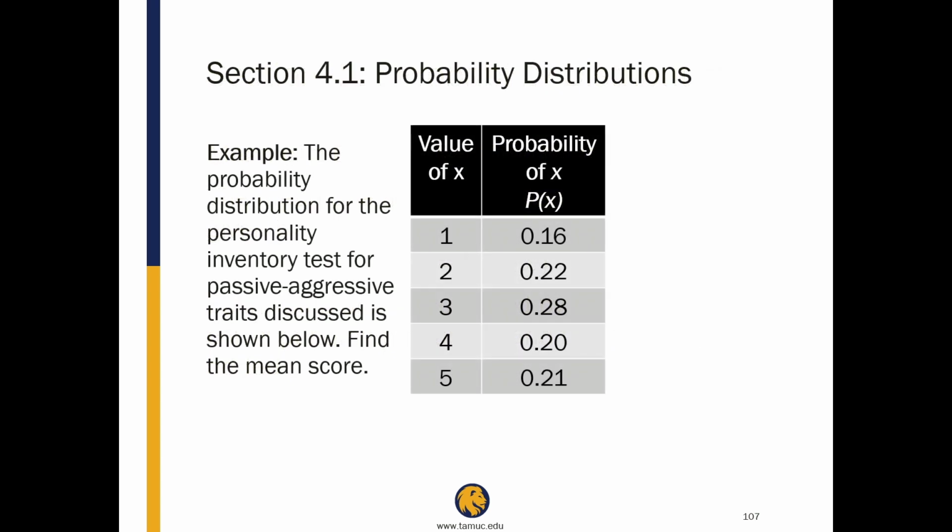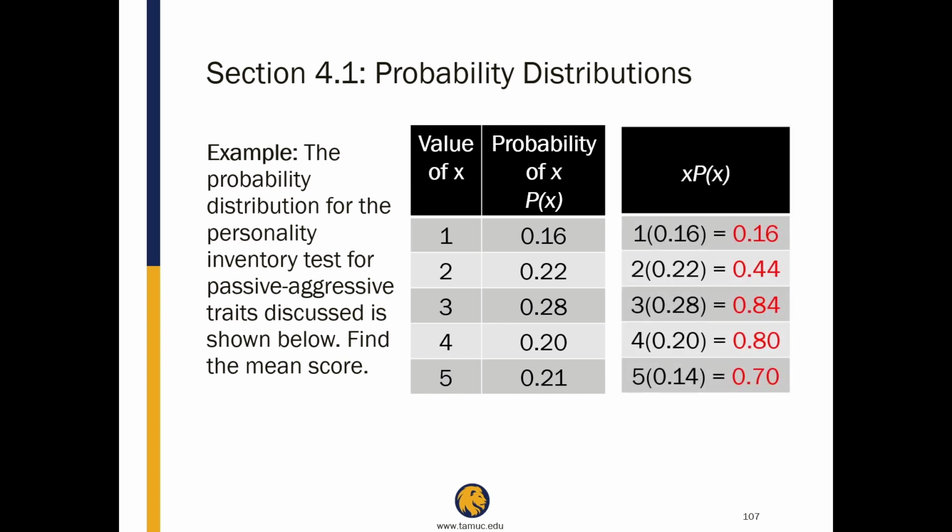Let's look at an example of that here, where we have our probability distribution, again, the one we created. And to create the mean of this random variable, we start by taking each value of x times the associated probability. So 1 times 0.16, 2 times 0.22, 3 times 0.28, 4 times 0.20, and 5 times 0.14.